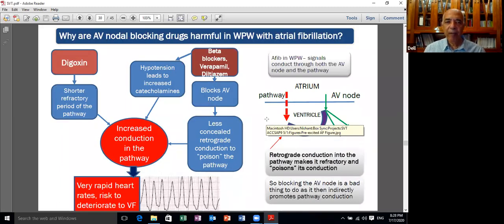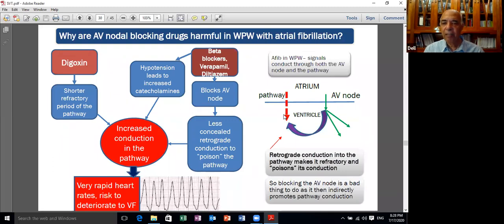So this simplifies the concept of avoiding beta blockers, verapamil and diltiazem, since they block the AV node conduction and facilitate the conduction through the accessory pathway.